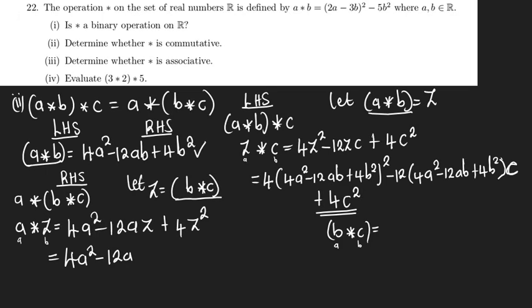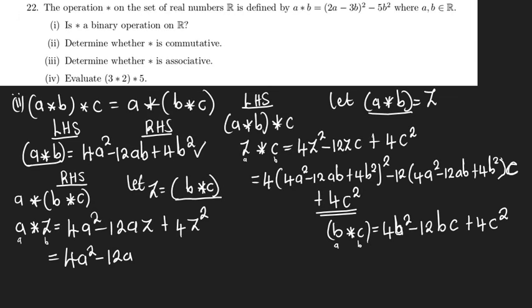Okay, in the same manner as the equation, we are going to say 4A to the power 2 minus 12. Where there is A, I'm putting a B, so this is going to be 4B. Then where there is 12, of course, where there is A, I'm going to put a B, and where there is B, I'm going to put a C. Plus 4, where there is B, I'm putting a C to the power 2.